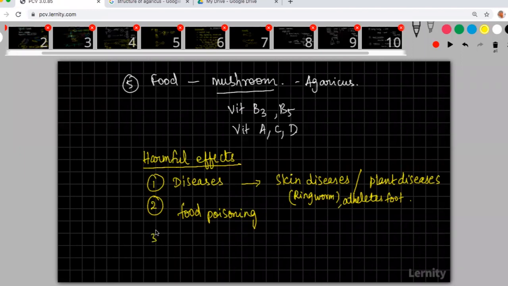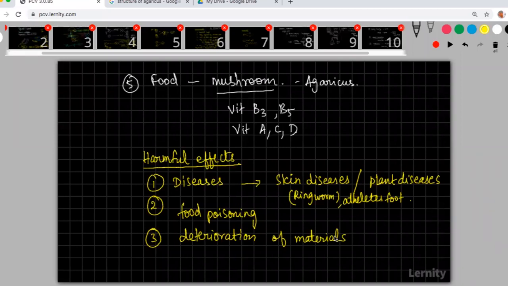The third one is deterioration of materials. So for example, during the winter season, have you seen your shoes and all those things? During winter, you will see that the shoes and the leather couches and all will grow fungus. It will make a kind of white-colored growth.